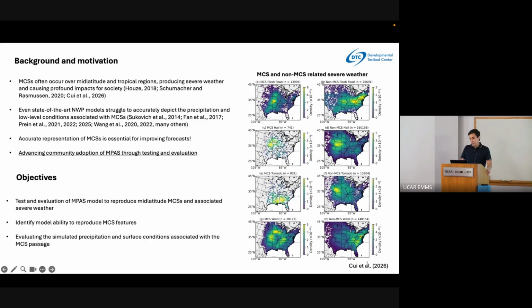Definitely for some severe weather events, we have more impact of MCSs. But specifically in some regions, for instance the Southeast, we have occurrence of tornadoes with more intensity and also more frequency related to MCSs.